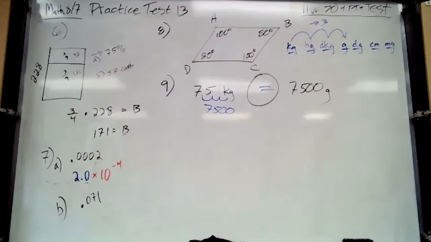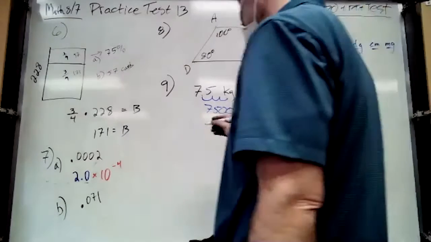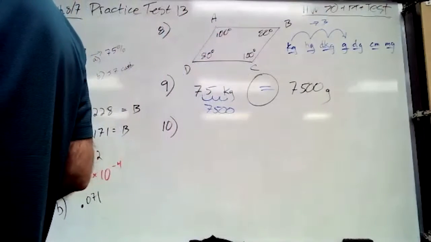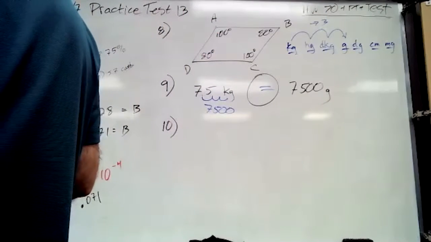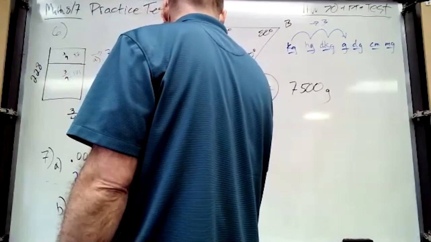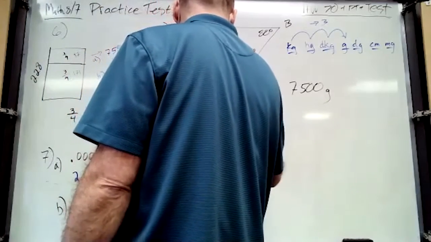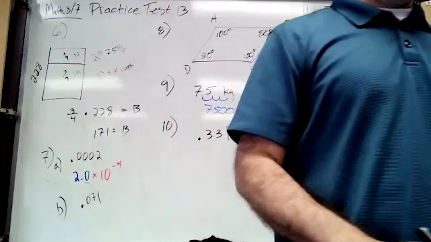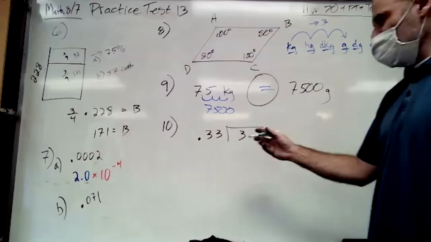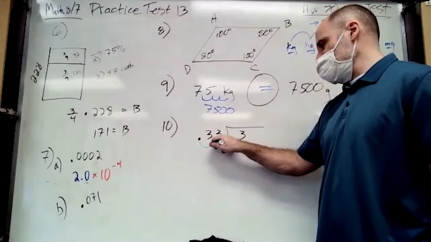All right. Number 10. Divide 3 by 0.33 and write the answer rounded to the nearest whole number. Okay. Well, first of all, how do you divide by 0.33? You don't. So what do you do first? Move the decimal, and whatever you do to the divisor, you have to do to the dividend.